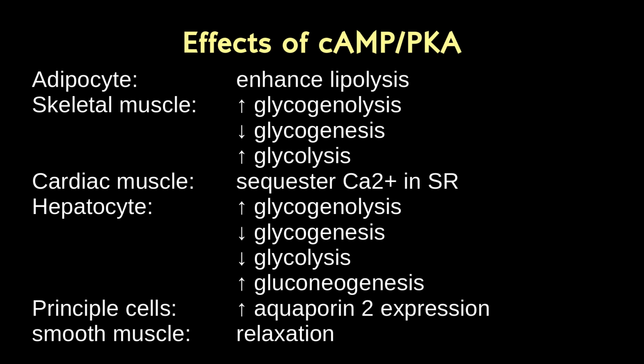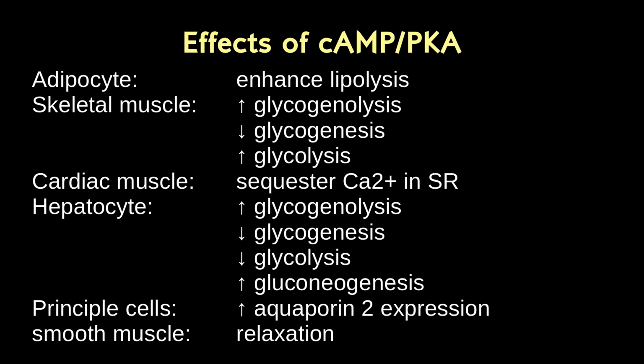But if you're worried about running away from a bear, for instance, you don't really need your guts moving. Let's just pause on the whole digestion thing for a little while and get away from the bear first. And so we have relaxation on smooth muscle. It's kind of interesting because we have this one pathway that has very different effects in different places of the body, but altogether they have the effect of coordinating one complete response.